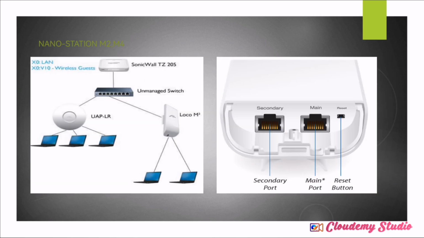Let's proceed. Yeah, so this is the nano station or M2 or M4 radios, the ones that we use. So this is the thing that I'm talking about. So how does this thing work? For now, I don't want to confuse you, but I just want to give a brief, simple explanation to make you understand how this thing works.